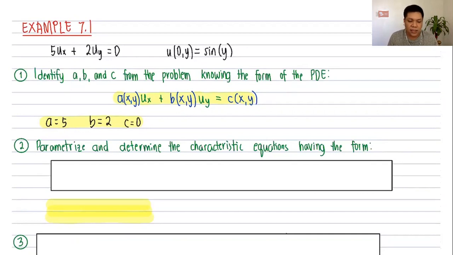Now again, what does the set of characteristic equations look like?